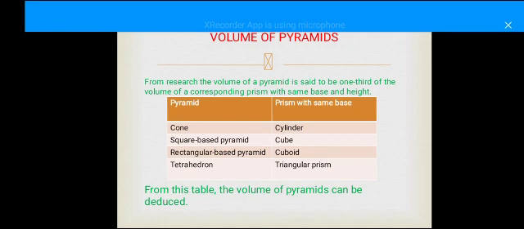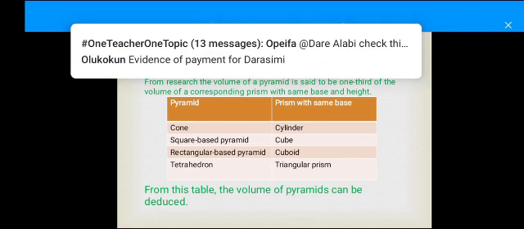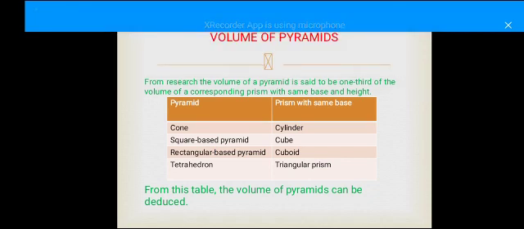Square base pyramid. The corresponding prism for square base pyramid is a cube. And rectangular base pyramid, the corresponding prism is cuboid. Then tetrahedron, the corresponding prism is triangular prism. Because if you see a tetrahedron, that is a triangular base pyramid, the base is a triangle.